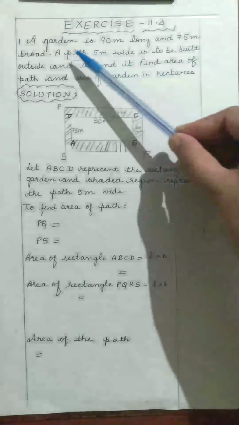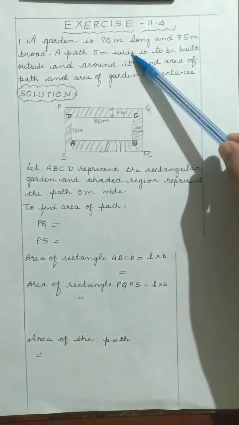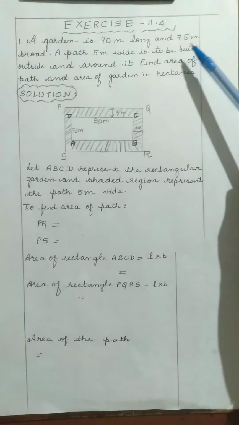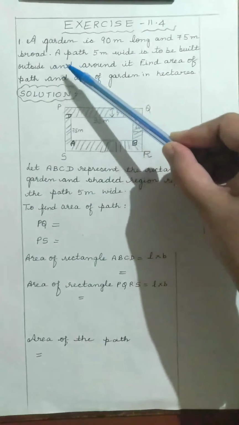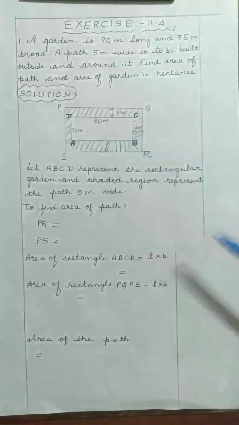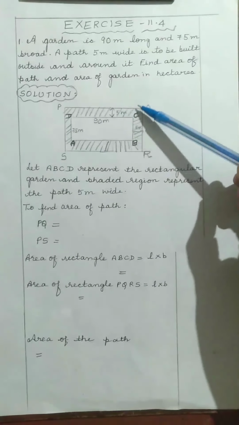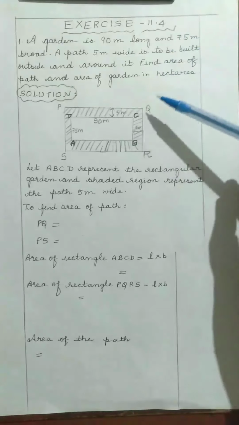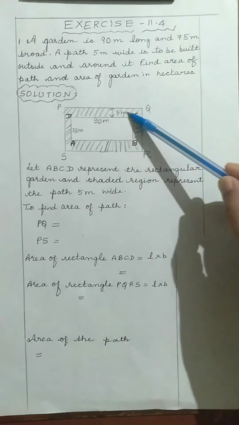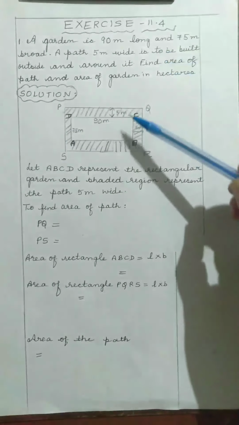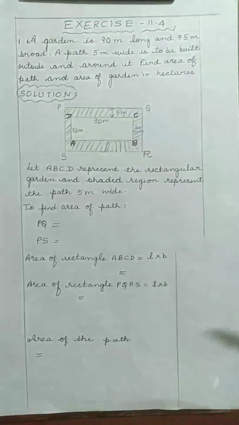Then a path 5 meter wide is to be built outside and around it. So there is a 5 meter path that is built outside and around the rectangular garden.